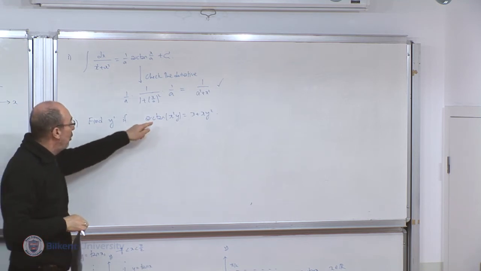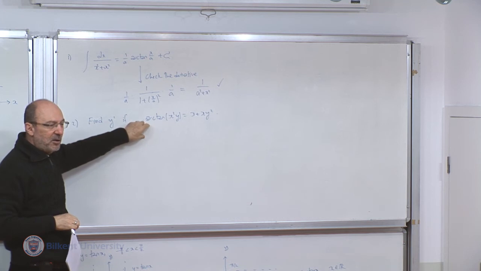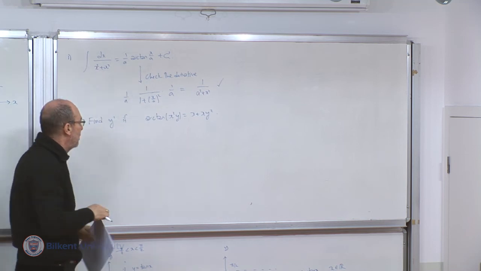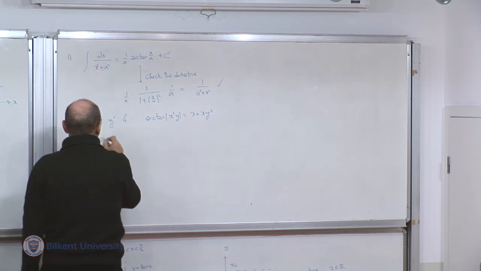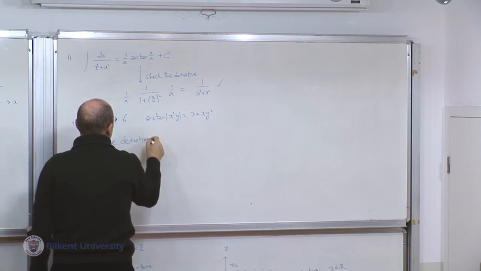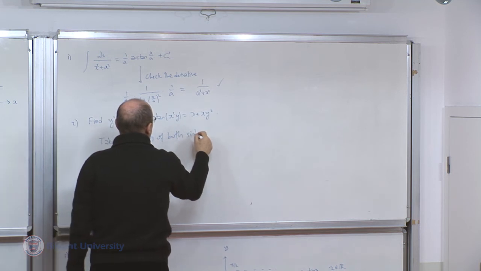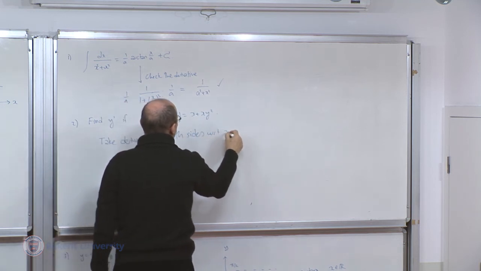Okay, and the only reason why it is asked in this section is I have to know what the derivative of arctangent is, and I know what it is. Okay, so take derivative of both sides with respect to x.